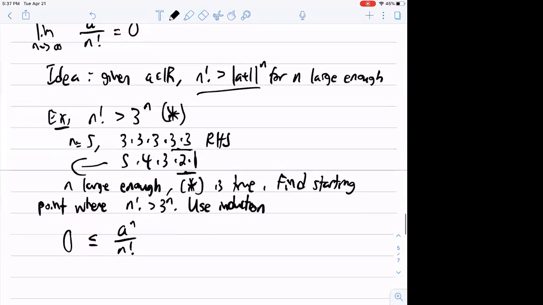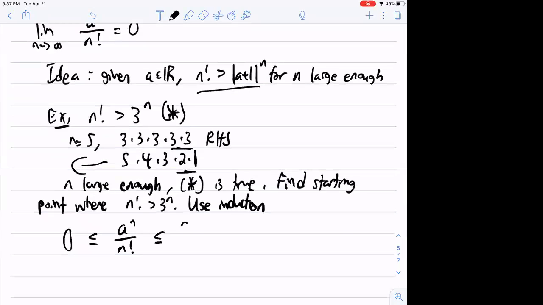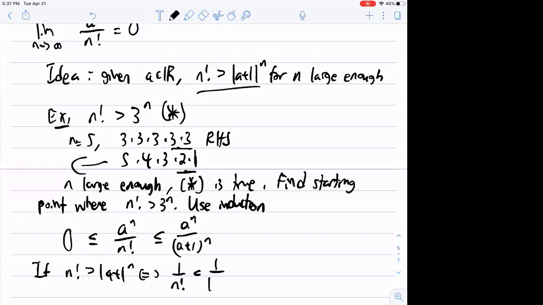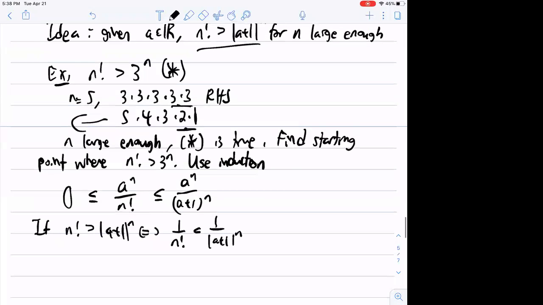Now this is going to be true, right? Again, if n factorial is bigger than a plus 1 to the n, I don't even need the equal to, but if I flip it, this is true as well.